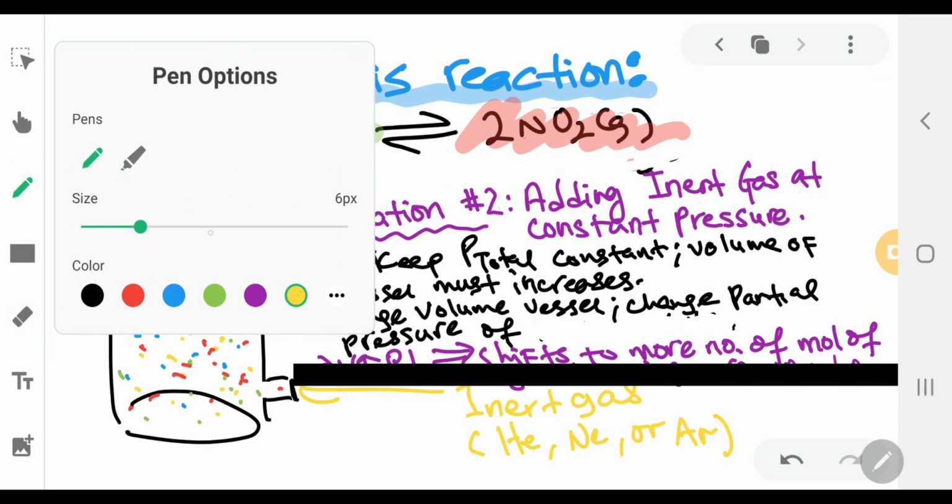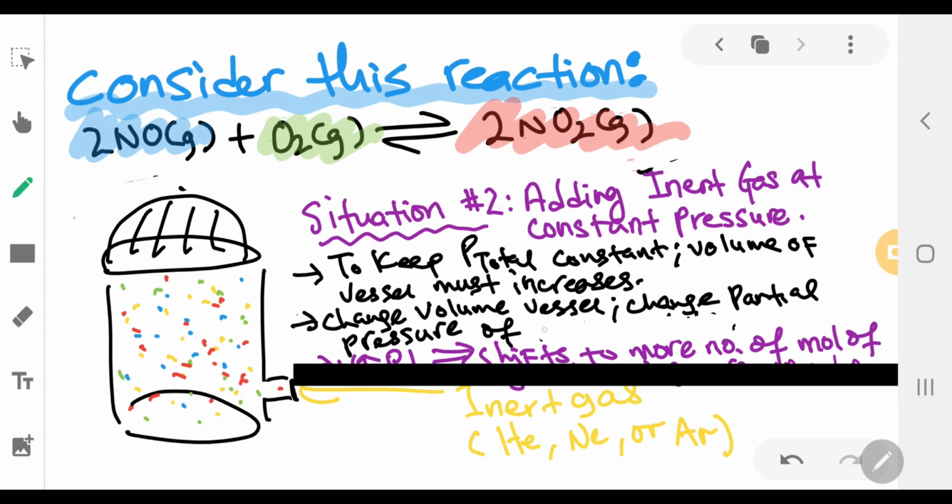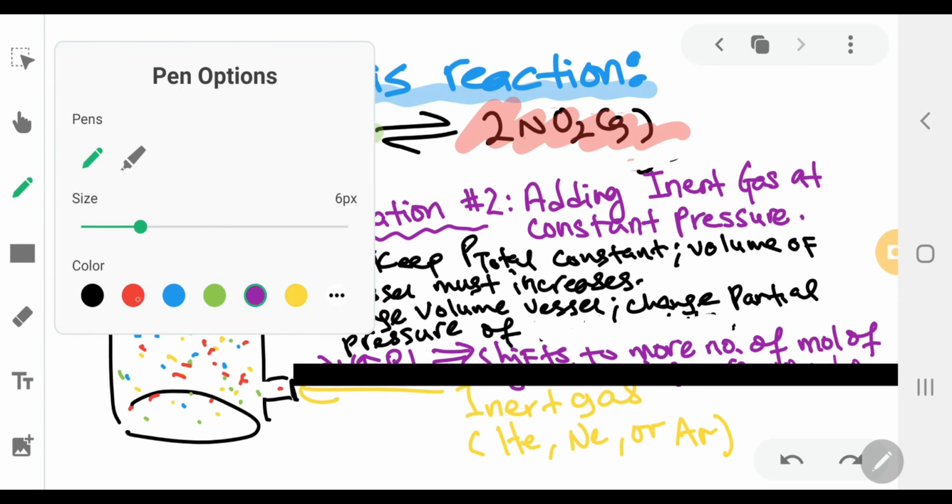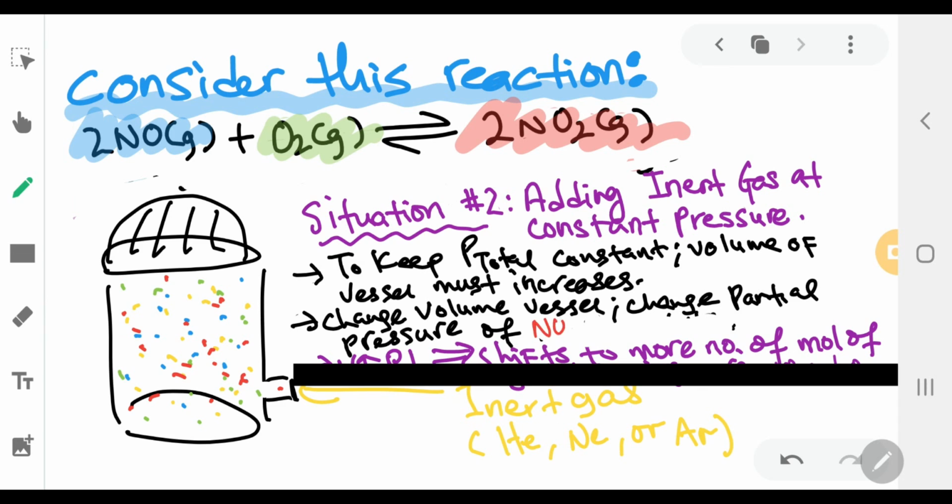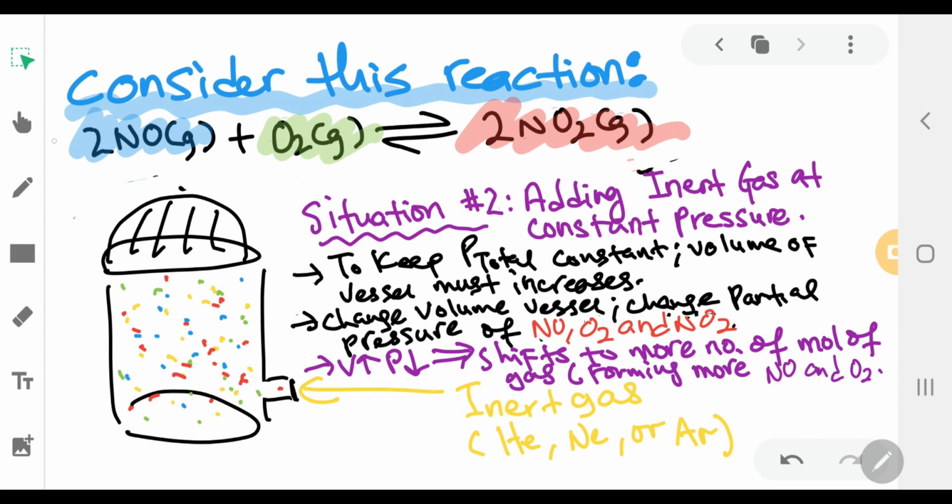You're going to change the pressure of NO, O2, and NO2. So when you change the volume of the vessel, automatically the partial pressure of NO, O2, and NO2 will change. So when you change the partial pressure of your reacting gases, what will happen?